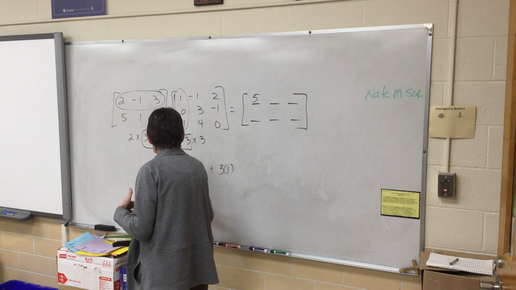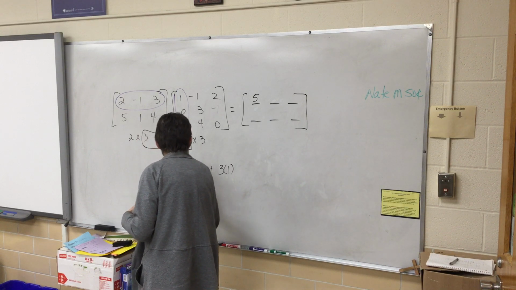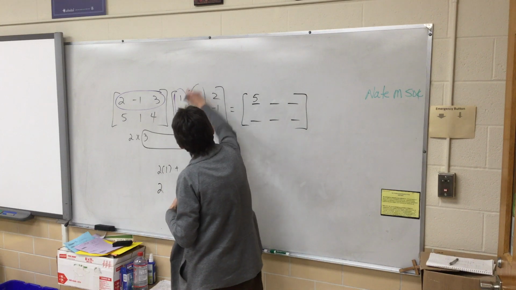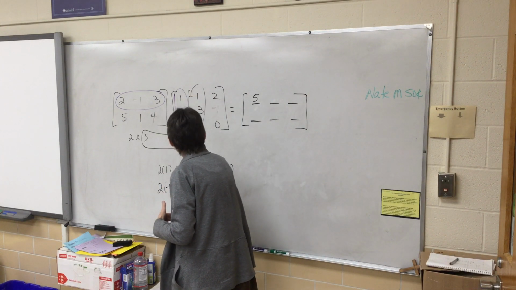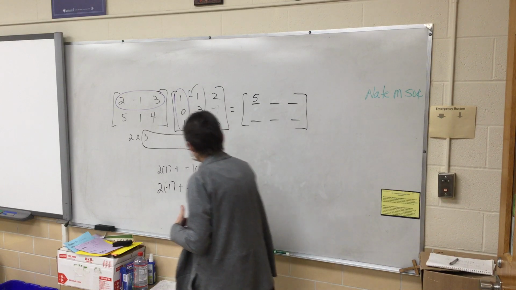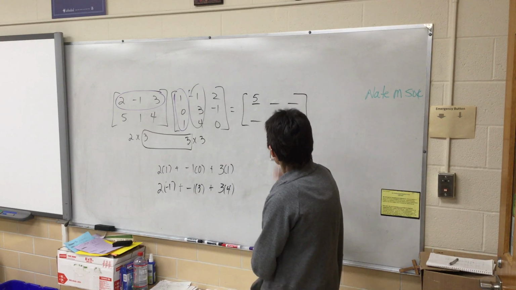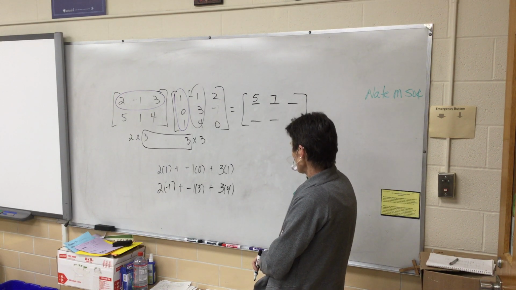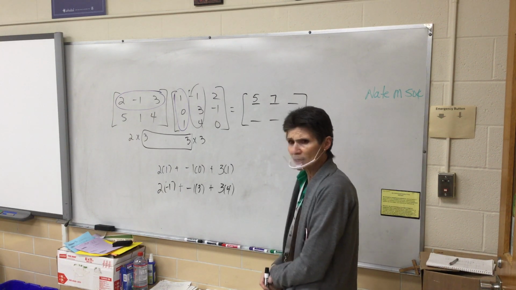So first row, oops. There's my first row again. And now my second column, seven. It's easy to make an arithmetic mistake. Did I check that okay?